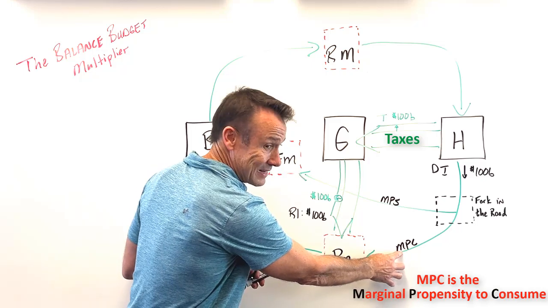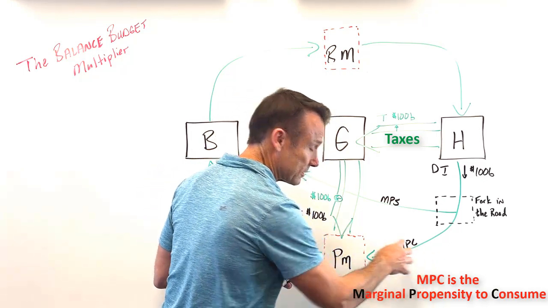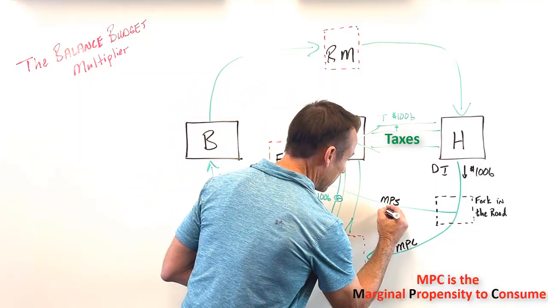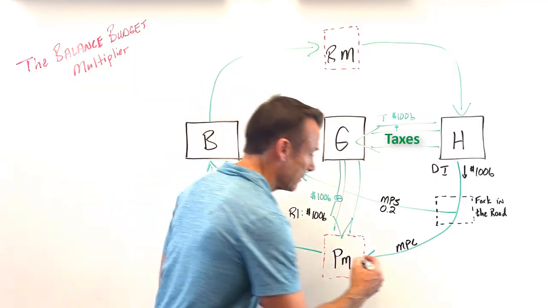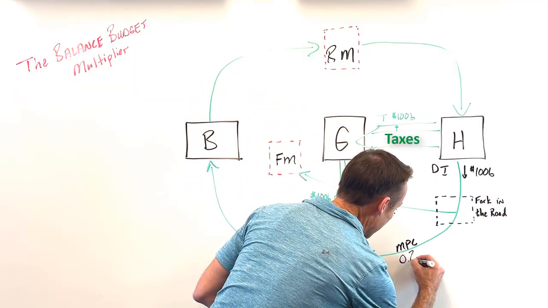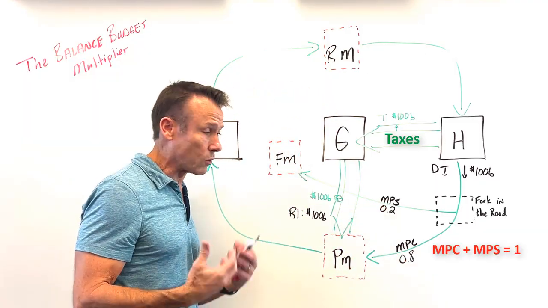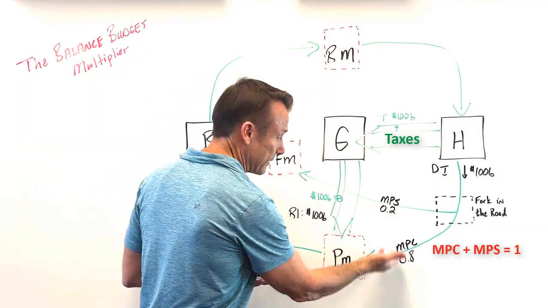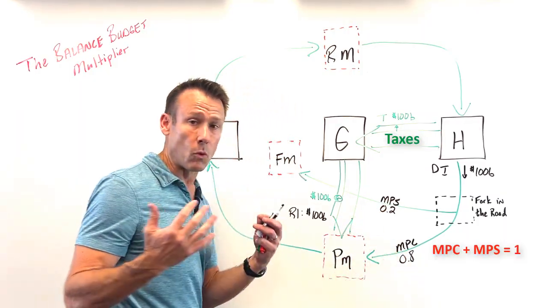Of that additional dollar in disposable income, what percentage is going to go to consumption? So here I'm going to say this is 0.2. You could also say 20%. And here we'll say 0.8, which would be 80%. And yes, these two have to equal 1, or if you talk about them in percentage terms, they need to equal 100%. So again, 0.2 or 20%, 0.8 or 80%.